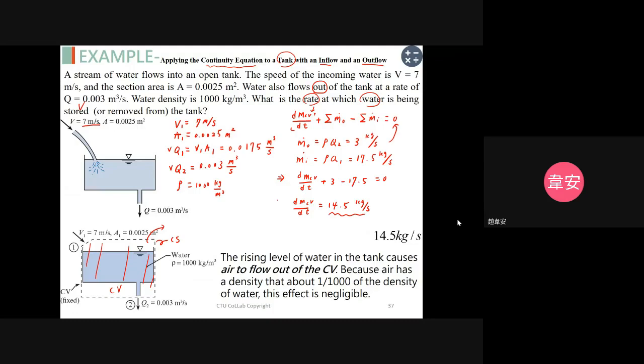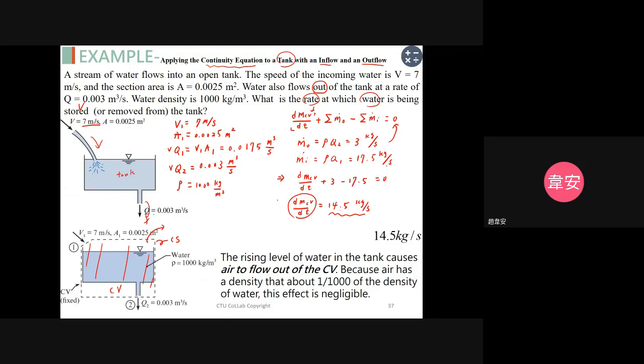Okay, so this is a very basic question. If we take a look at one tank and we have some inflow and some outflow, and we just want to know whether the water in the tank is decreasing or increasing, it's related to the dm_CV/dt value.